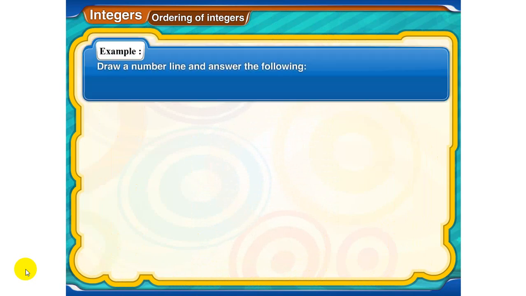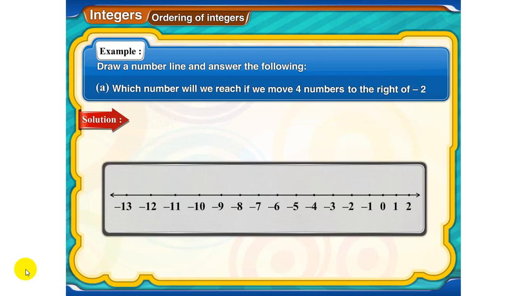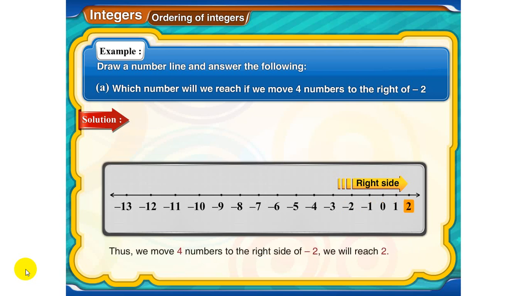Example. Draw a number line and answer the following. A. Which number will we reach if we move 4 numbers to the right of -2? Solution. To move 4 numbers to the right side of -2, that is, -1, 0, 1, and 2. Thus, we move 4 numbers to the right side of -2 and we reach 2.